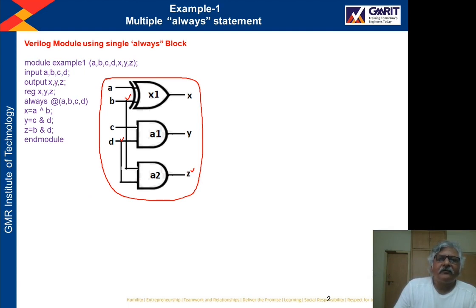So we have to write the Verilog module of this particular circuit. We will use the behavioral model in which we use one always block. So the Verilog module is like this: module and endmodule. In between this we will write the code.